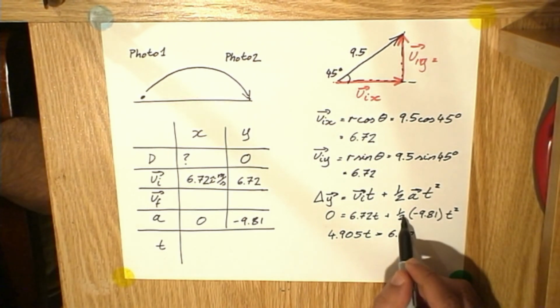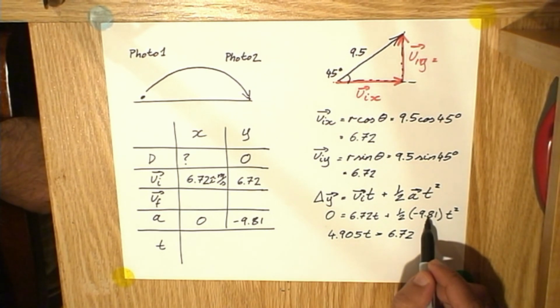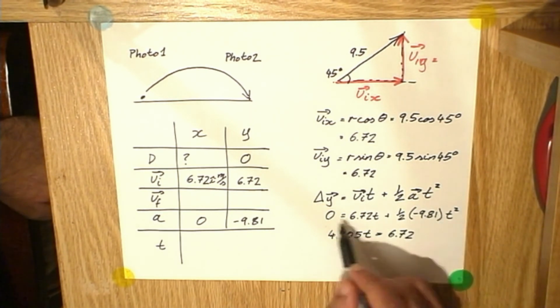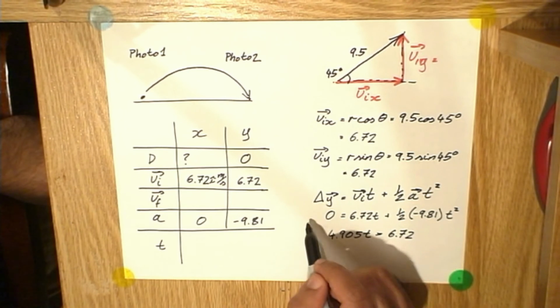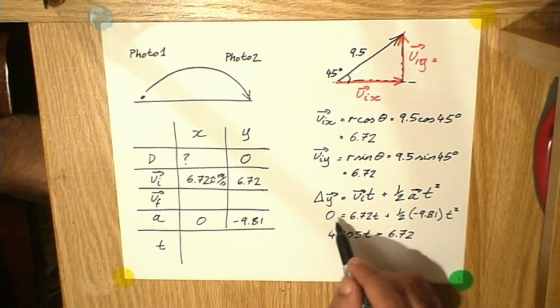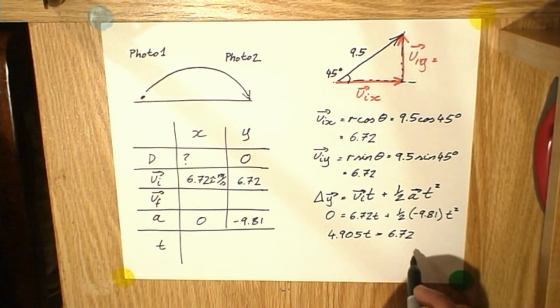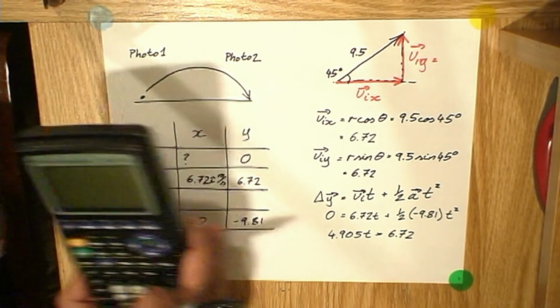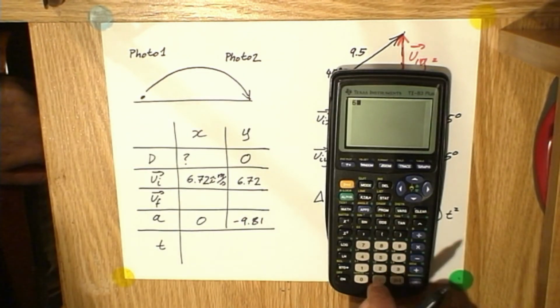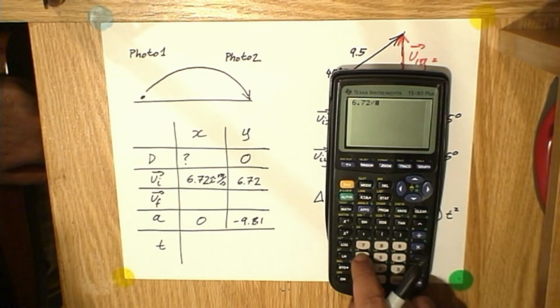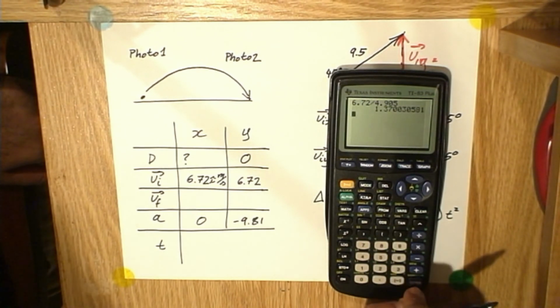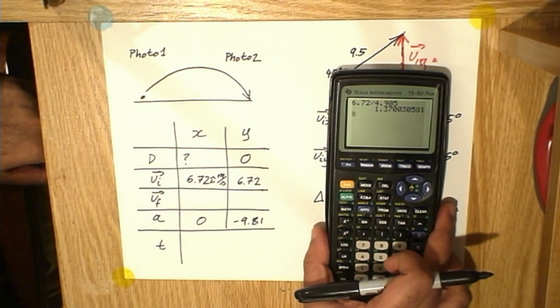So what I did is half of 9.81 is 4.905. I moved this term to the other side, so the negative sign becomes a positive sign, and then I divided both sides by t. So I end up with a t squared becoming a t and a t going away. So the time is now going to become 6.72 divided by 4.905, which is 1.37 seconds.